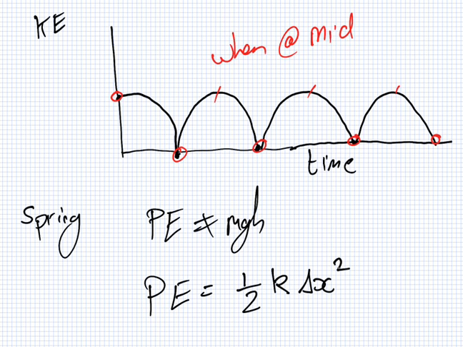So the more you extend the spring, the more energy you store inside of it. So you see, if the delta x is really big, then you have lots of energy inside of it. Now when you let go, all the energy turns into kinetic energy.